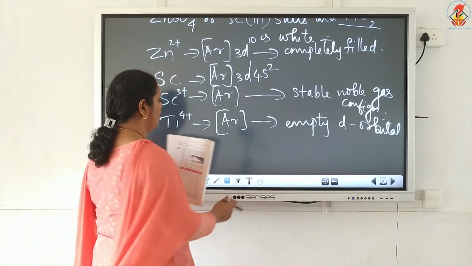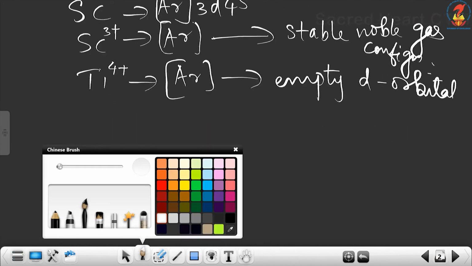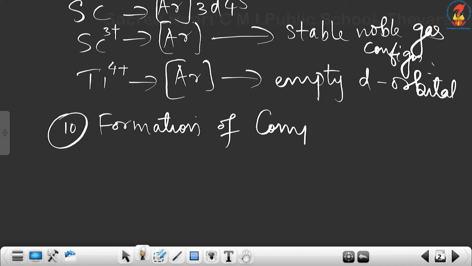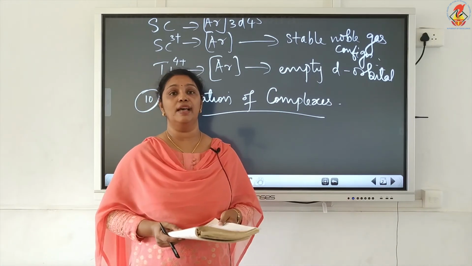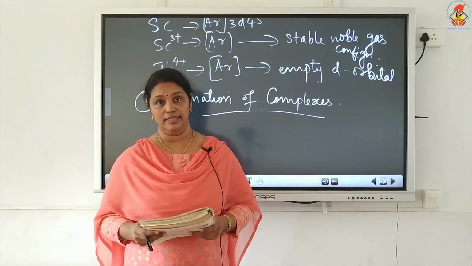Now, the next property, that is property number 10, is the formation of complex compounds. We have already discussed that transition elements are capable of forming complexes. And what is the reason for this?